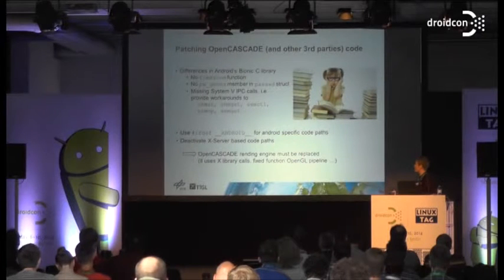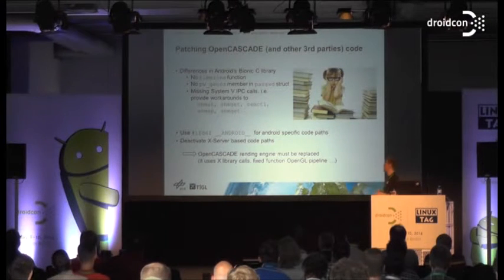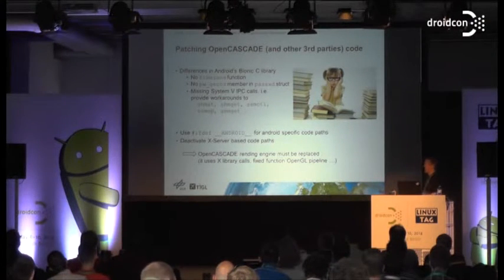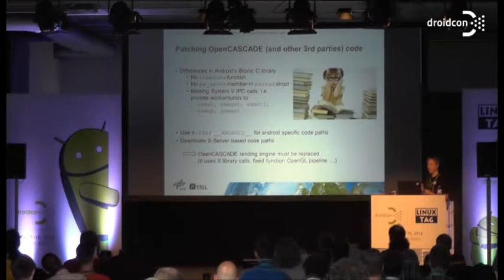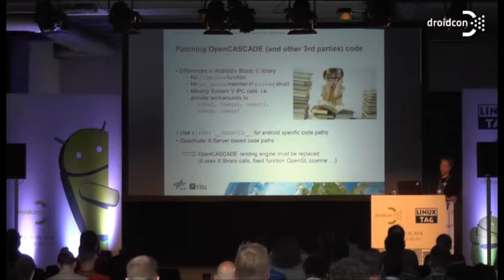So this is just an example when we ported the OpenCascade library, the CAD kernel, to Android. And as I already mentioned, it's quite huge, so there were some platform-specific code paths in there. For example, there is a difference in the Android C library compared to the GNU C library.